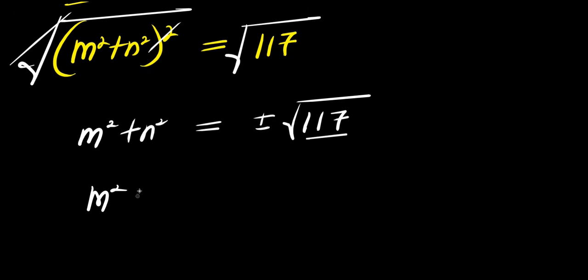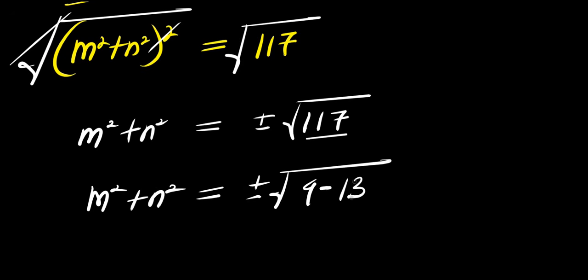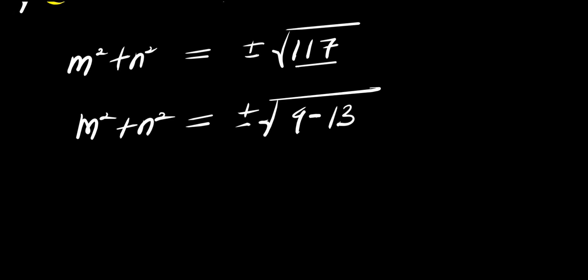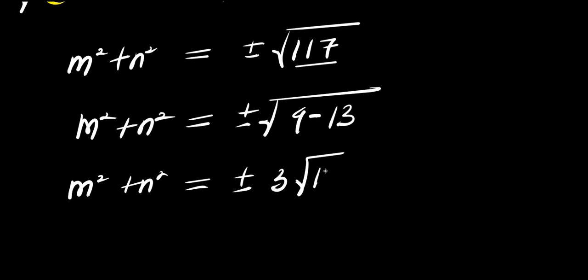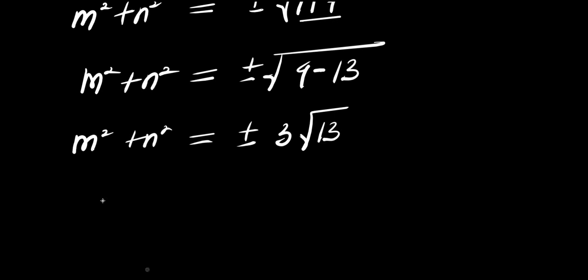I have m^2 plus n^2 equals plus or minus square root of 9 times 13. So from here, I have m^2 plus n^2 equals plus or minus 3 root 13. So this is our m^2 plus n^2.